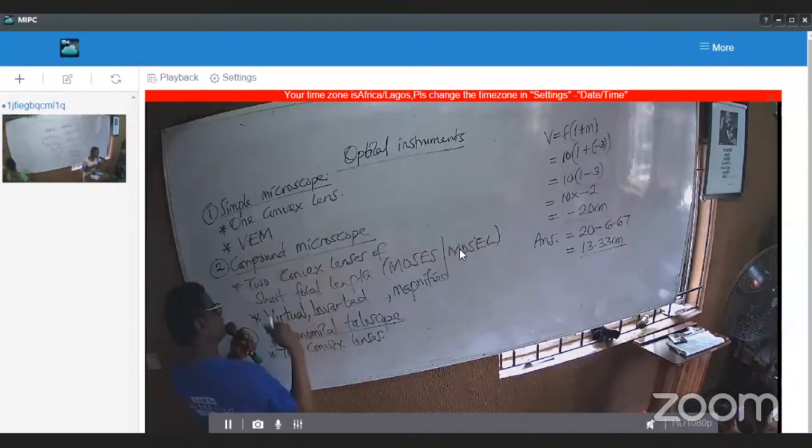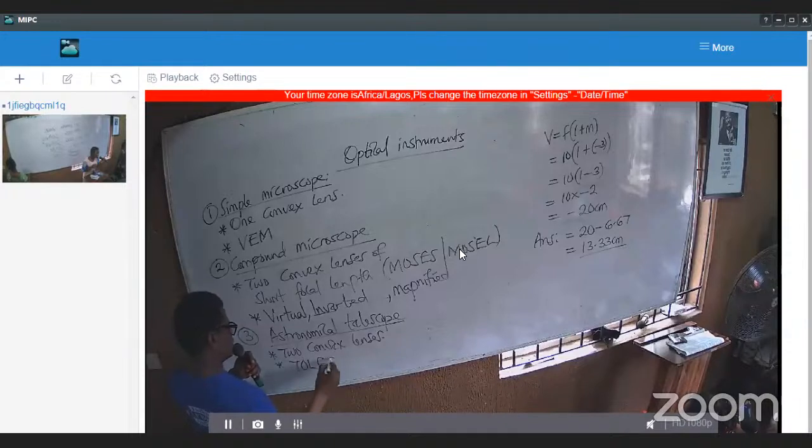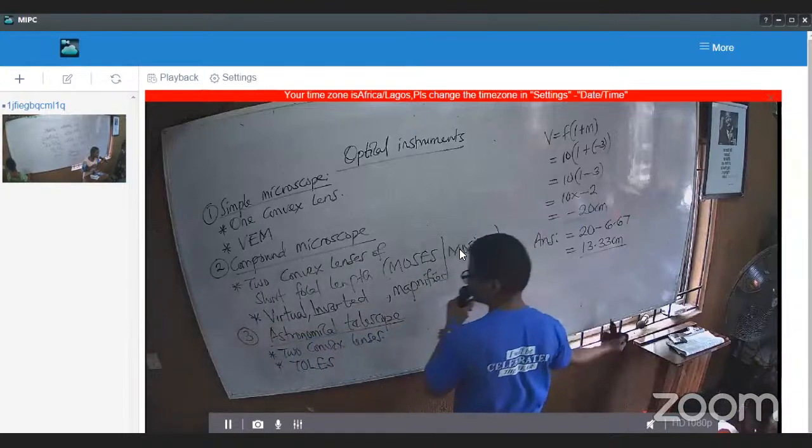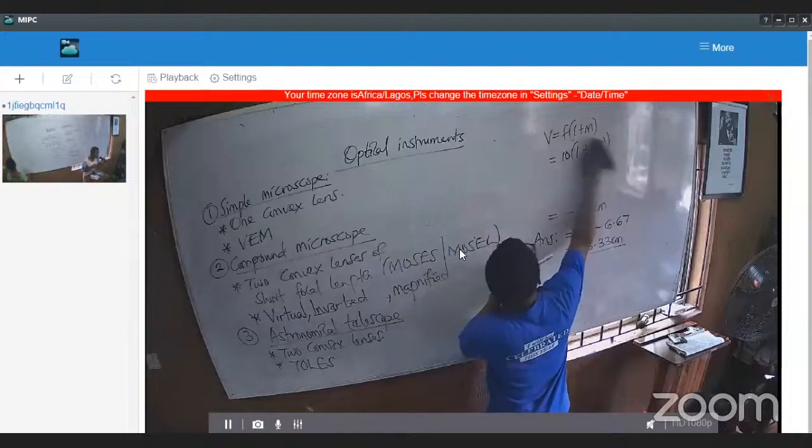But now this one is virtual and inverted, though compared to the first one, it is erect. I will explain. 2 convex lenses. We call it Galilean, and it was discovered by a man called Galileo Galilei, Italian astronomer. Objective longer than the eyepiece.